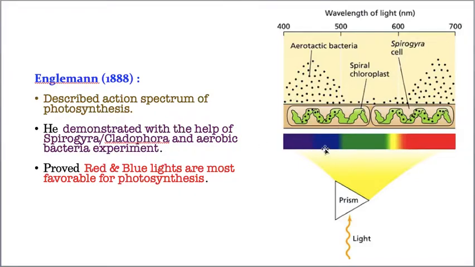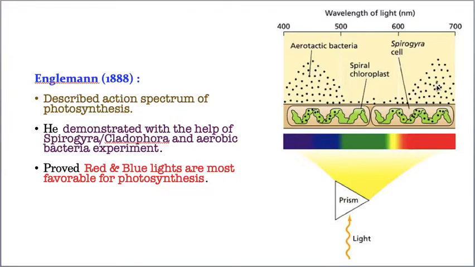Now when he observed, he clearly noticed that all these lights are there: violet, indigo, green, yellow, orange, everything. But the bacteria started accumulating towards the blue light and also the red light. And then he clearly concluded that photosynthesis takes place under all the lights, but the photosynthetic activity is more enhanced in the presence of blue and red lights.